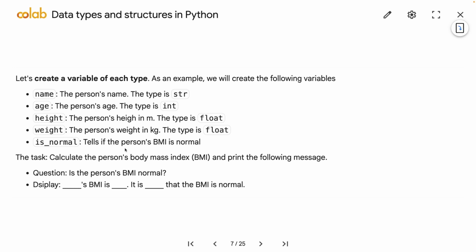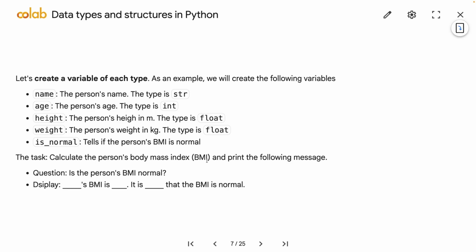Now, the problem we have on hand is shown here. Let's define some information for a person. So we need to get the person's name, age, height and weight, and then based on that information, we will calculate the BMI index, which is the body mass index, to measure certain aspects of health status, mostly whether or not this person is actually normal or overweighted, right?